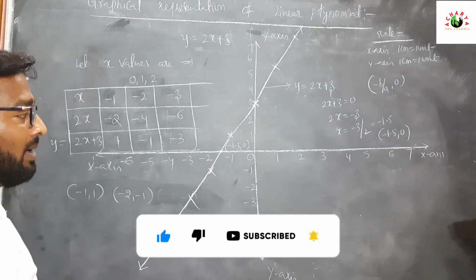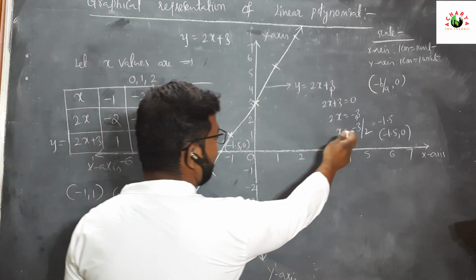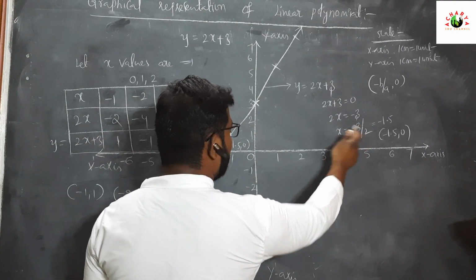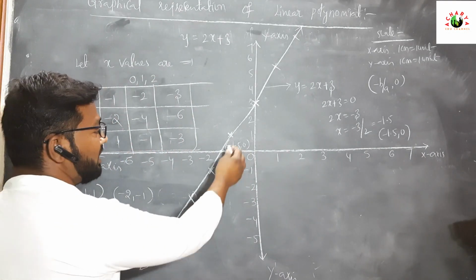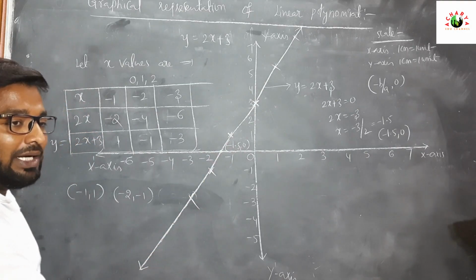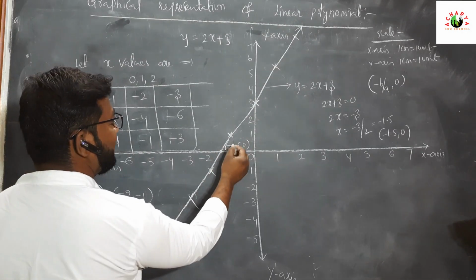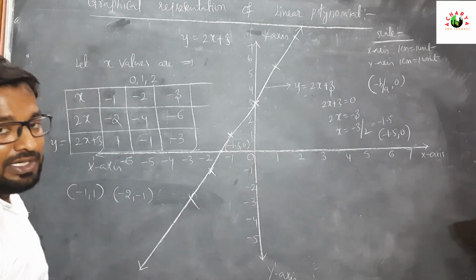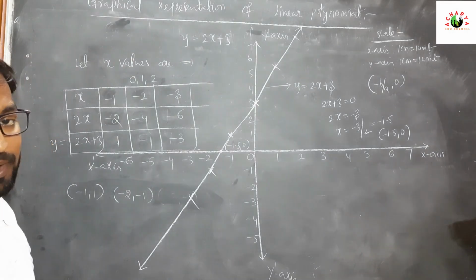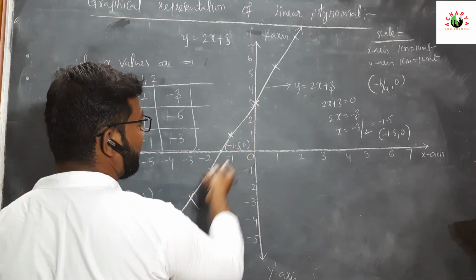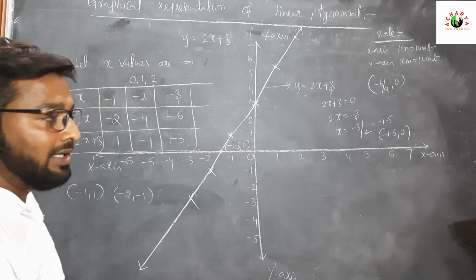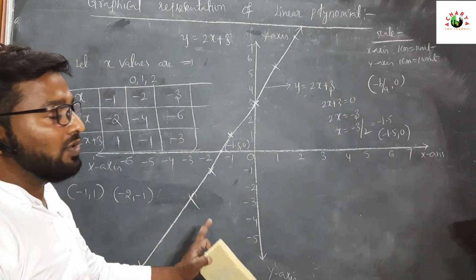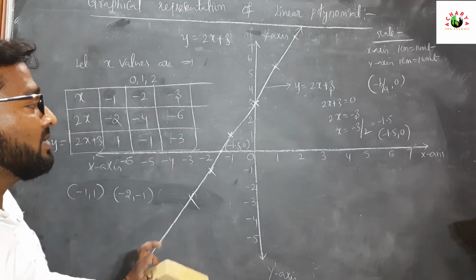So we verified with the formula and with the graphical representation that this linear polynomial touches the x-axis at minus 1.5 comma 0. This is the graphical representation, and this is by using the formula. Okay, this is how to find the zeros of a linear polynomial by using a graph.